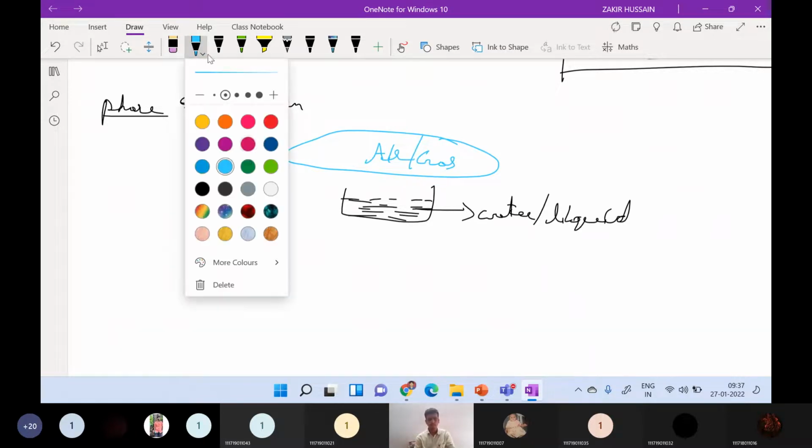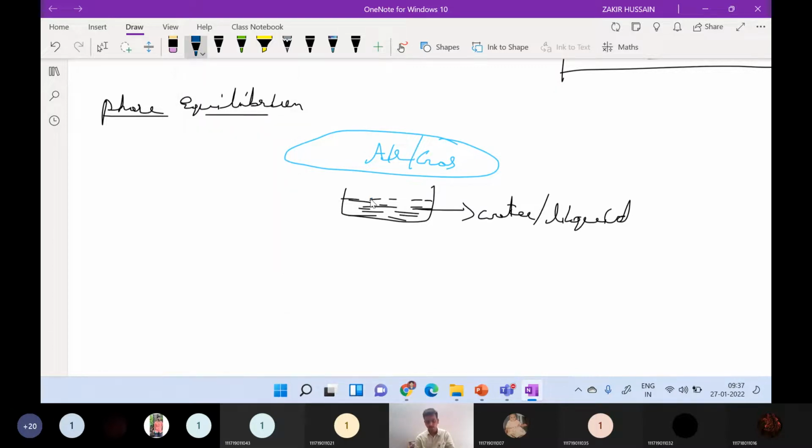Here, this water is converted to vapor, and these vapors come in touch with the air or gas. Whenever they come in touch, they solubilize inside this particular gas or air. This is what is happening.